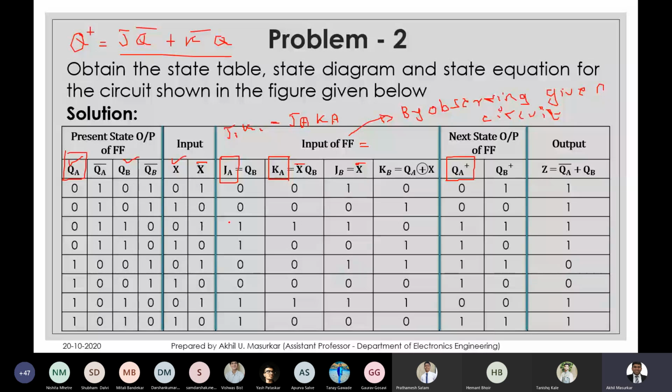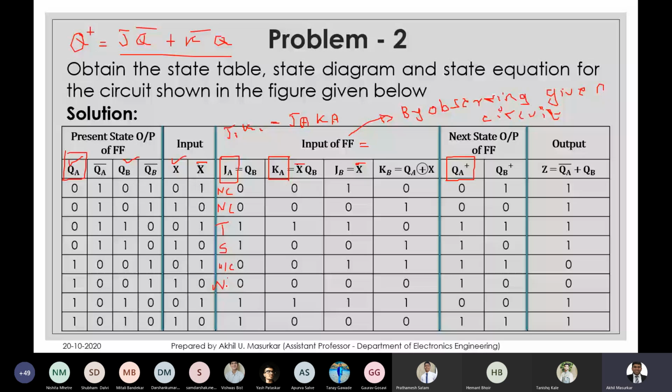So you should see here, this JA and KA is 0 0 in the first case. So this condition 0 0 means no change. Then next case JA and KA is 0 0, again no change. 1 1 means toggle, 1 0 means set, 0 0 means again no change, 0 0 here, again no change, 1 1 toggle, and 1 0 is again set.